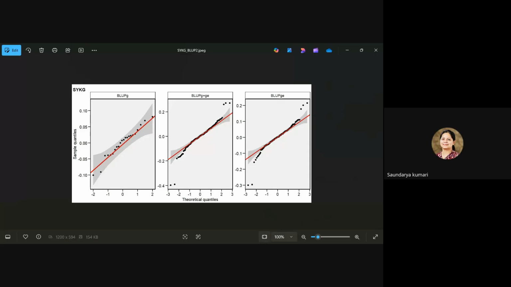Sir, in the second and third graphs there are some points outside the gray shade, so we can say these are the outliers. Because the second graph is genotype plus G into E interaction, wherever the interaction is there, here also three points are deviating from the normal distribution.